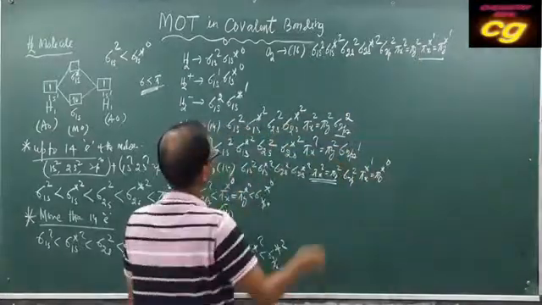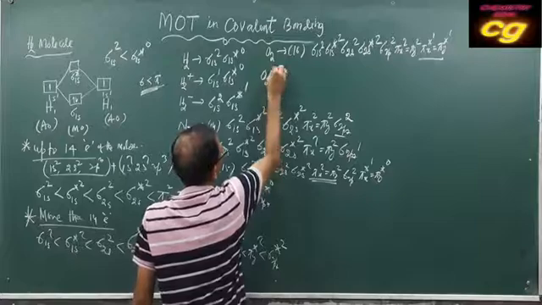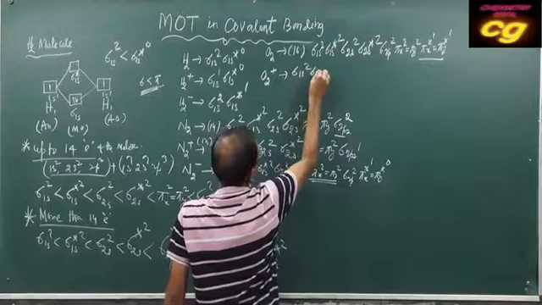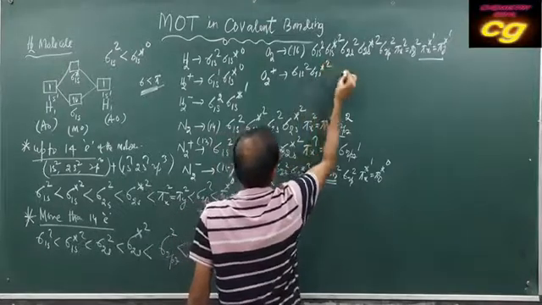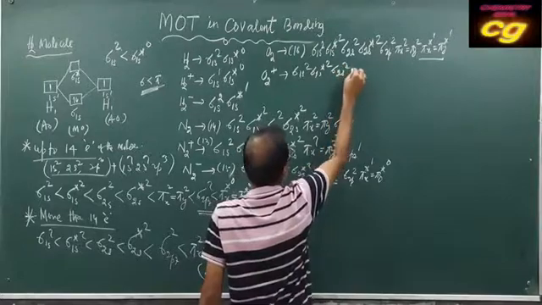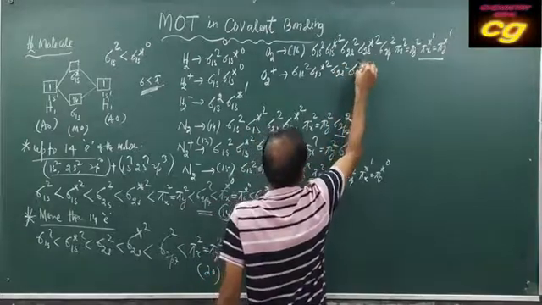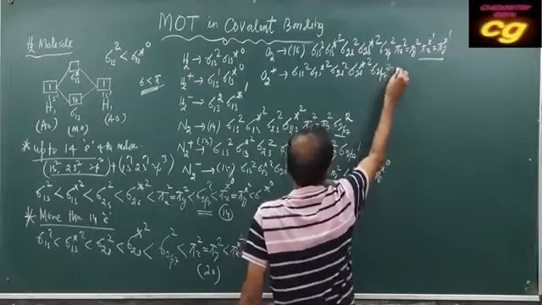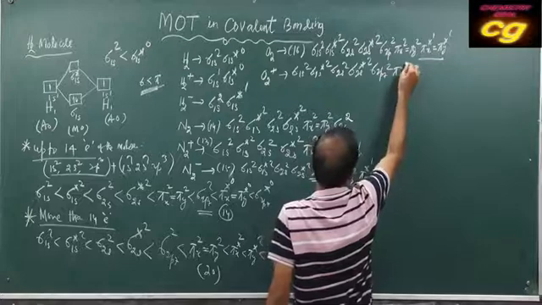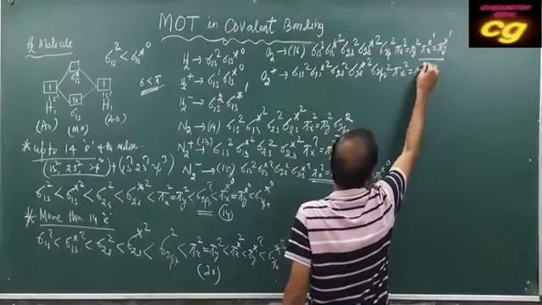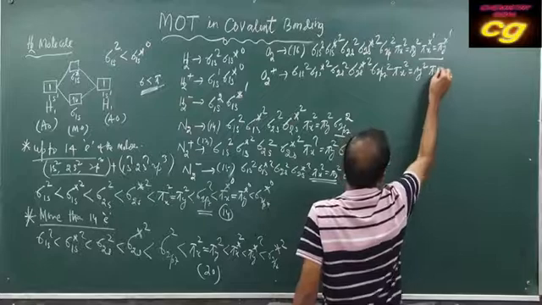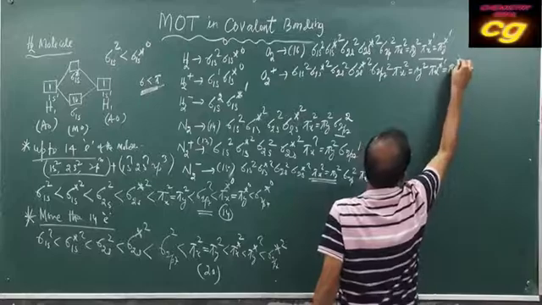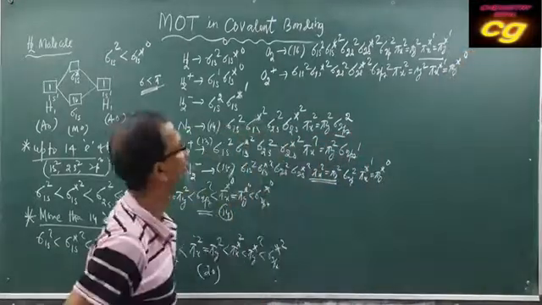So this is the O2, then O2 plus will be the same: sigma 1s2, sigma 1s star 2, sigma 2s2, sigma 2s star 2, sigma 2pz2, then pi x2 equal to pi y2, then pi x star 1 equal to pi y star 0, because one electron will be lost.